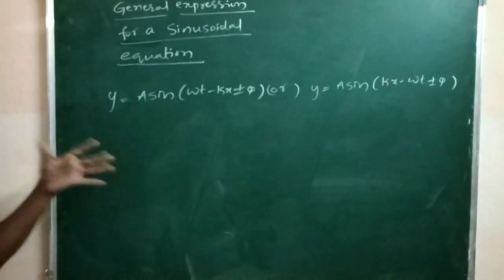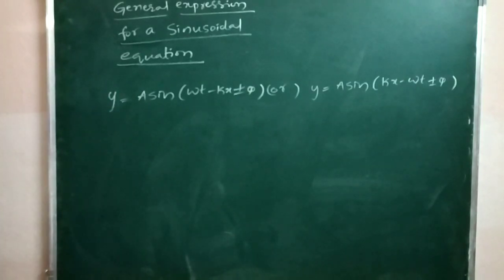So this is when the wave moves along the positive x direction. Along the x-axis the phase is represented in the positive x direction, that is the initial phase constant.